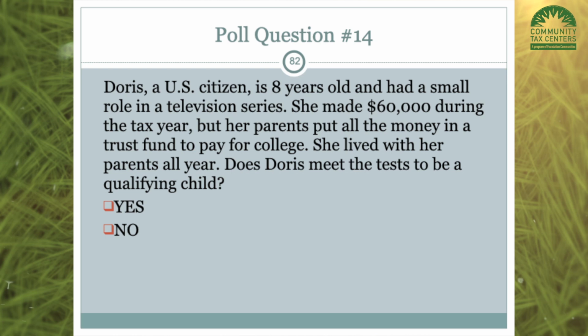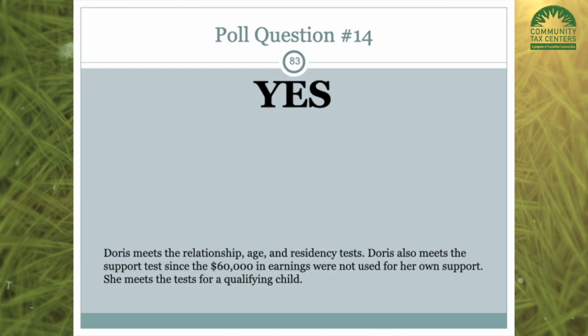Okay, I'm hearing some quiet yeses, and you guys are correct. She is a qualifying child because she did not use any of the $60,000 for her support. And she meets the relationship, age, residency test. So she is a qualifying child.